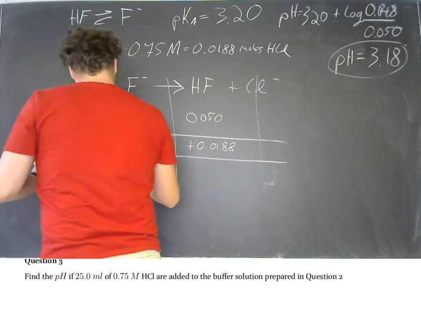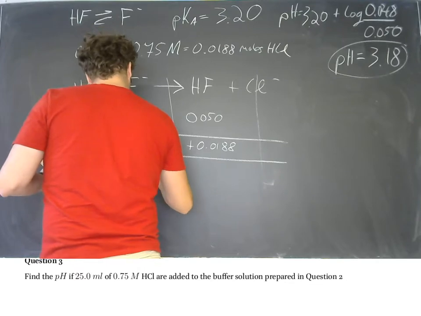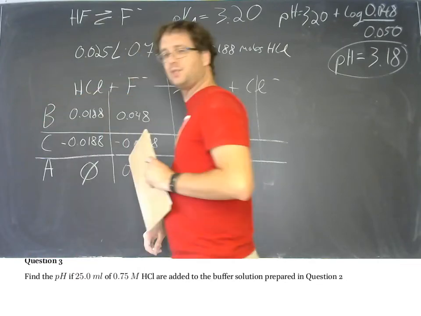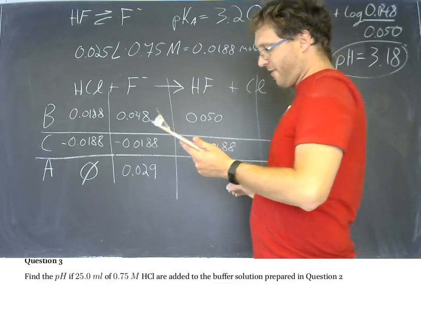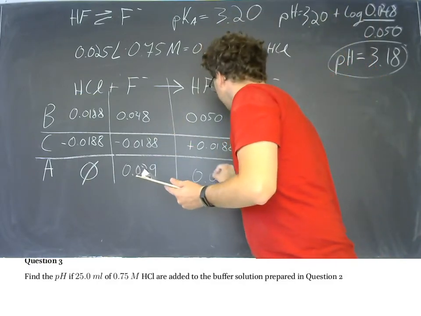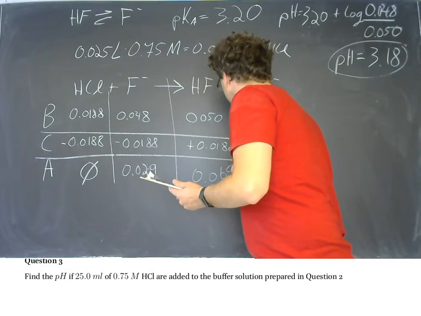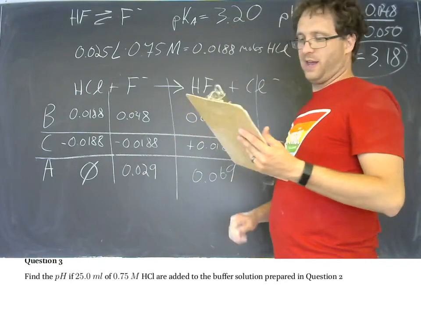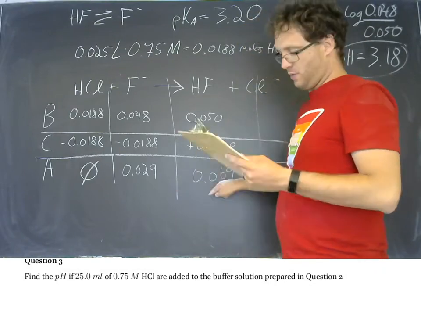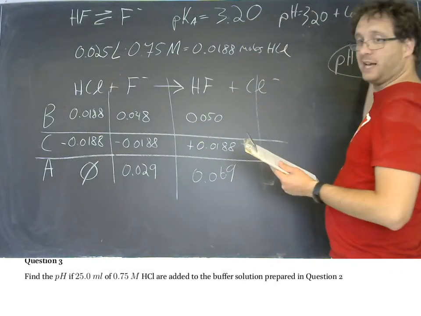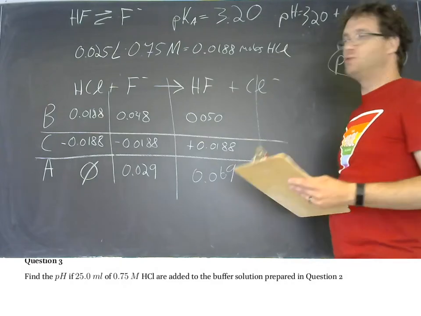And then we'll have a new amount of fluoride. Looks like 0.029 moles. And we'll have a new amount of HF, 0.069 moles of HF. And now we have new amounts that we can put back into the Henderson-Hasselbalch equation to find the new pH.